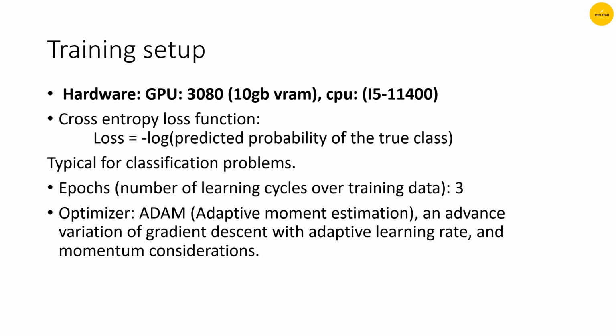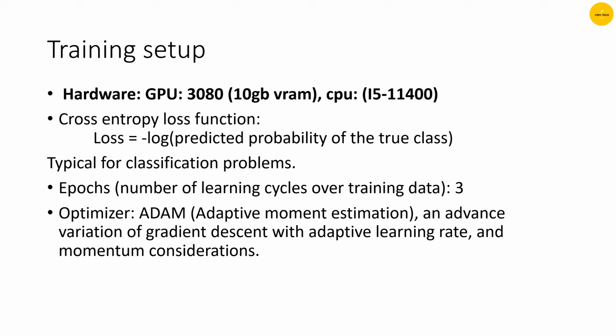Regarding the hardware of my PC, the training was performed on an NVIDIA GPU, specifically the RTX 3080, which provides 10 gigabytes of VRAM. Our CPU was an Intel i5 11400. For the learning process, we used the cross entropy loss function.